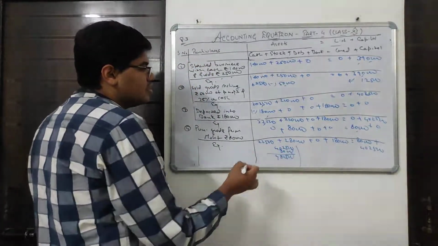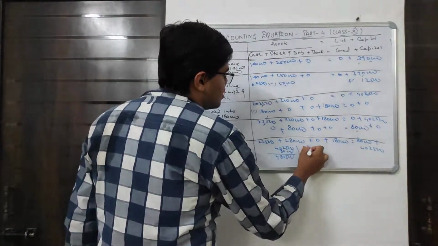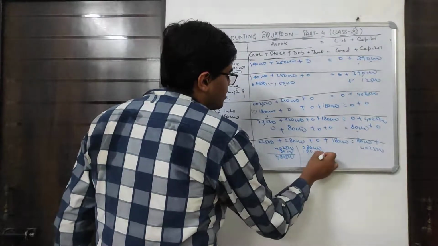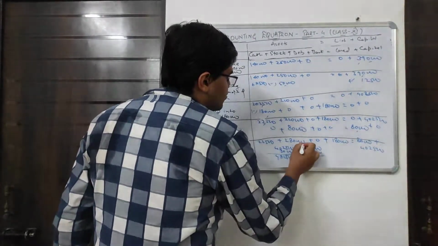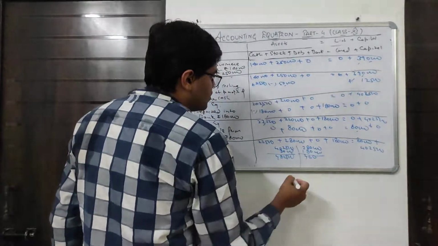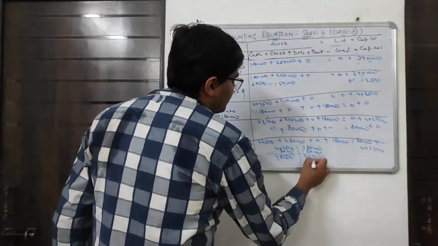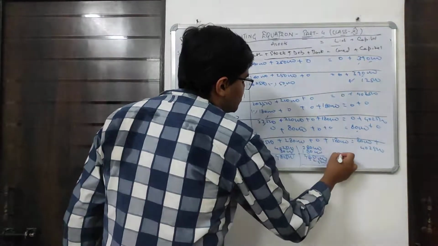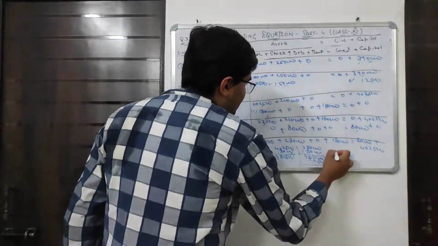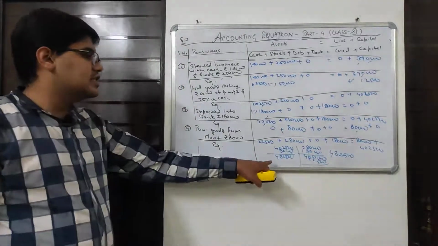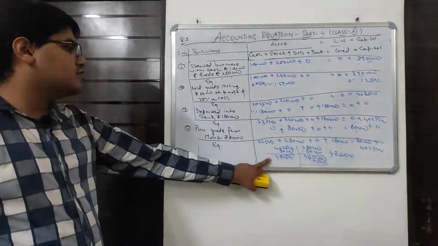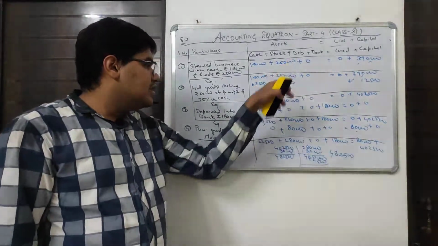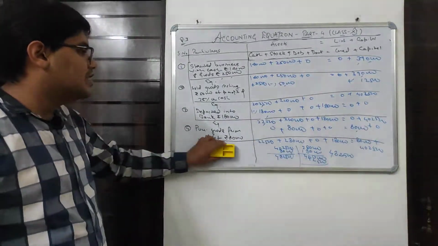And our assets will be 2,80,000 plus 1,80,000 plus 22,500, which is 4,82,500. Since you can see that it is 4,82,500 in liability and 4,82,500 in assets, our equation gets balanced.